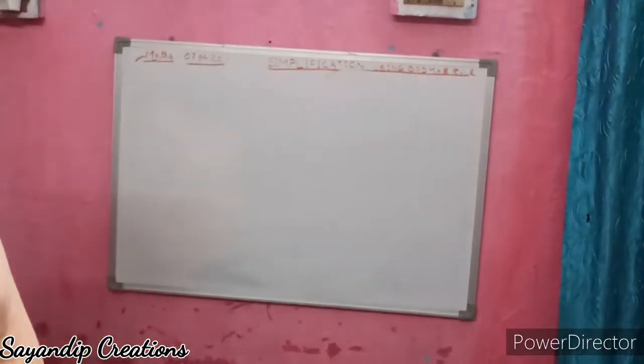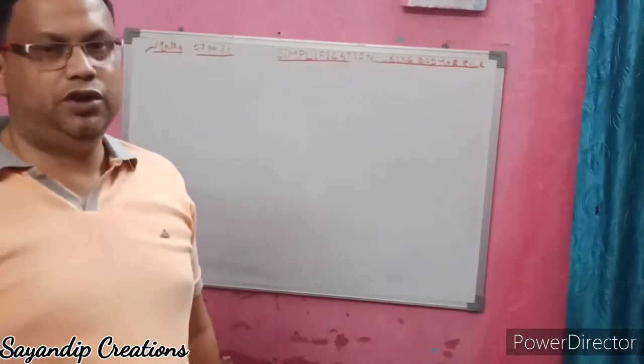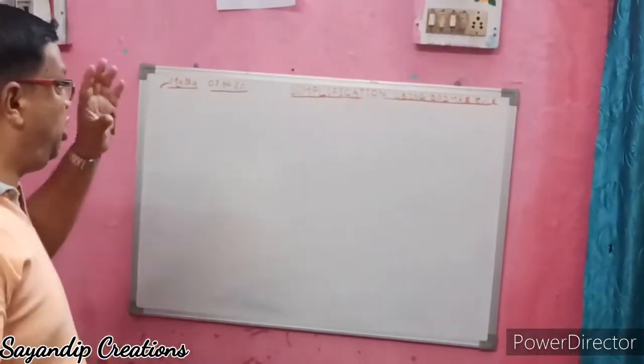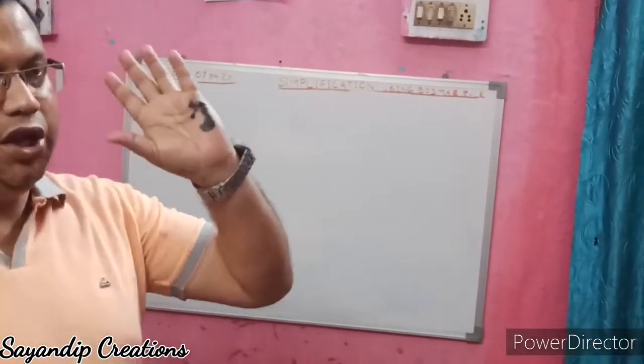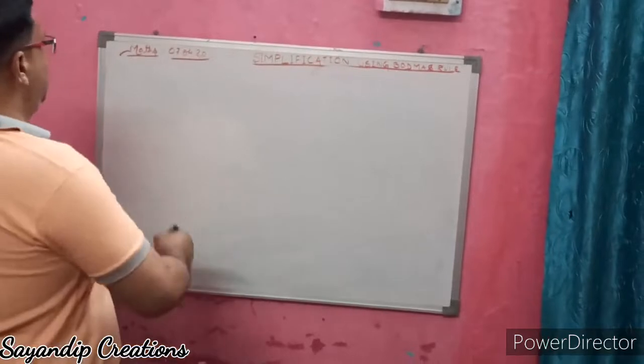Now the last question I am discussing, and then I will give you some questions along with the notes. Please write all these questions and try to solve them in your notebook. When the school reopens, my dear students, I will take the copies from you and do the corrections. So what is the next question?